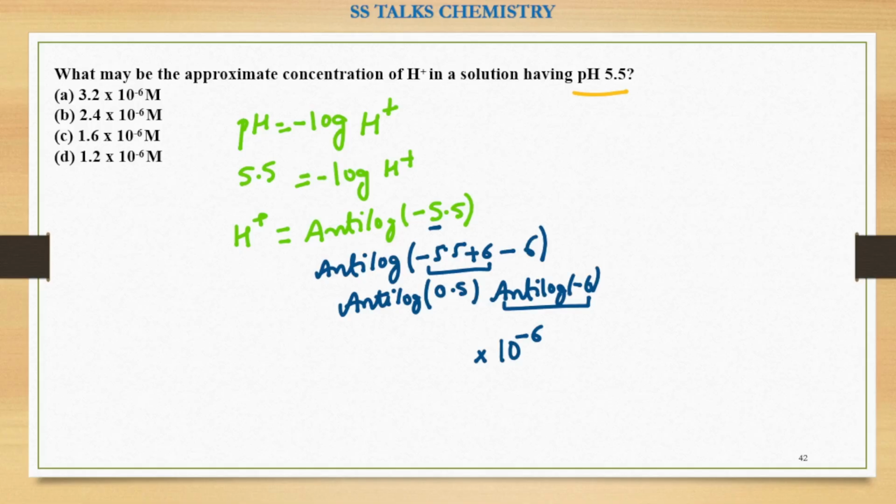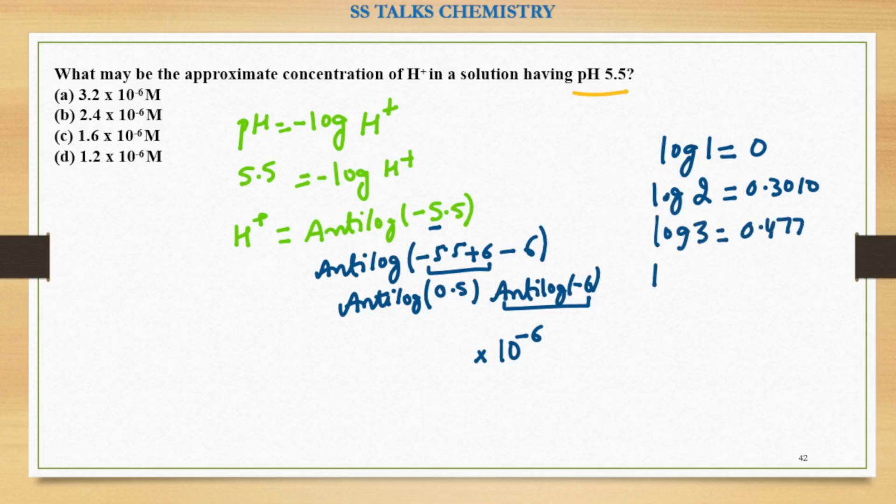I told you that you can remember the logarithmic values from 1 to 10. Log 1 is 0. Log 2 is 0.3010. Next, log 3 is 0.477, and next, log 4, which is nothing but 2 times log 2, will come out as 0.6020.